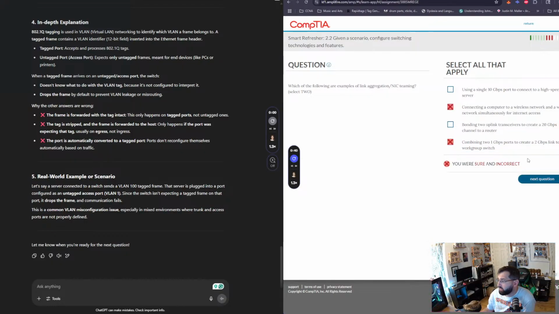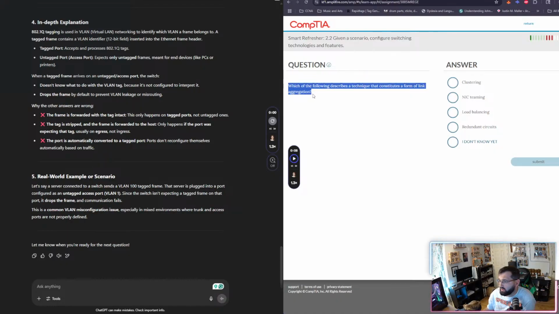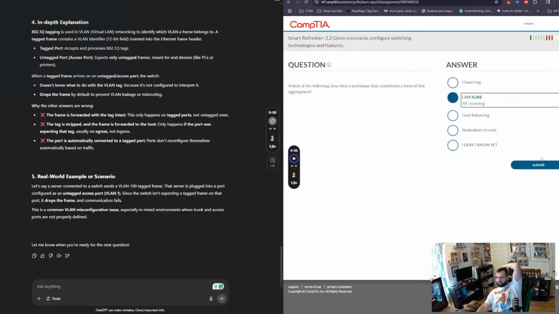Oh, I know this one was correct though. Which of the following describes a technique that constitutes a form of link aggregation? That's going to be NIC teaming, because none of the other ones make sense.